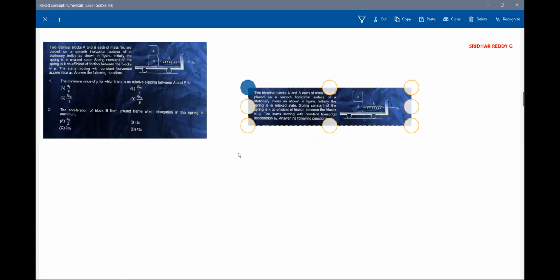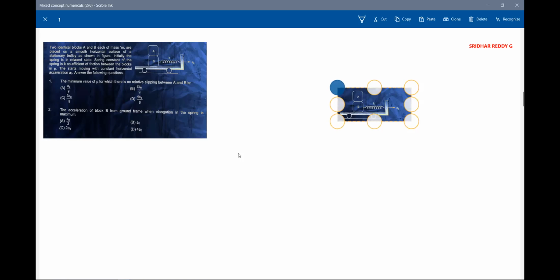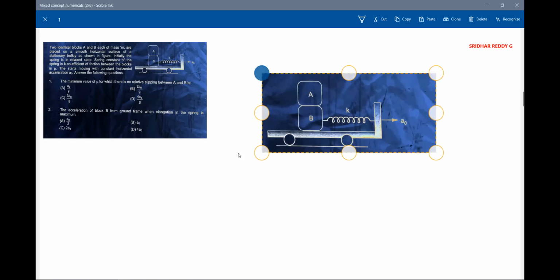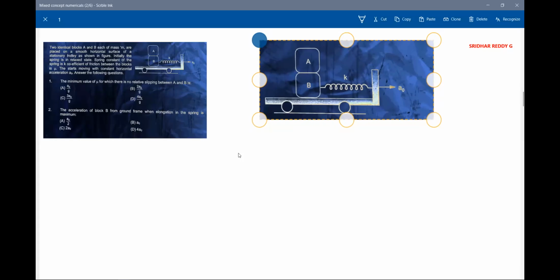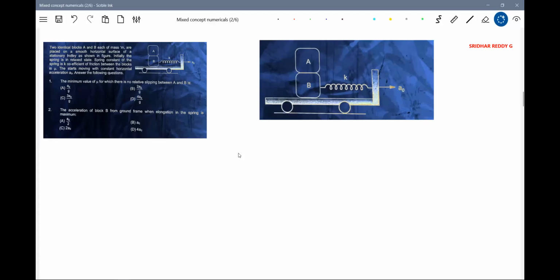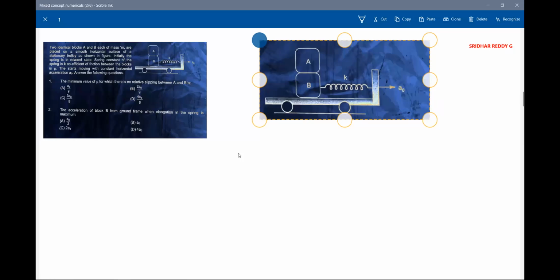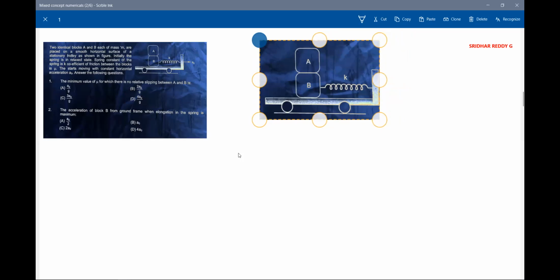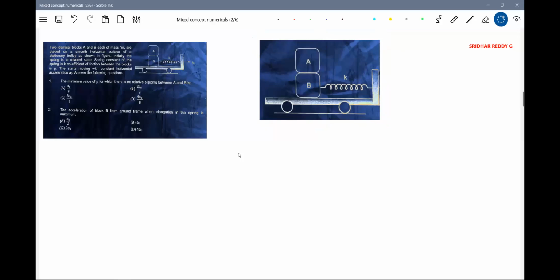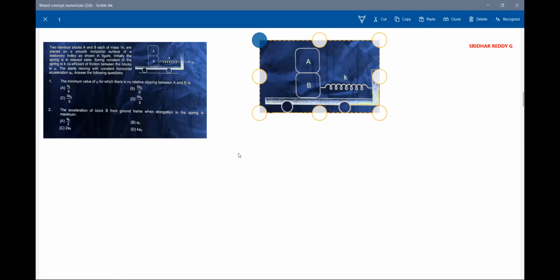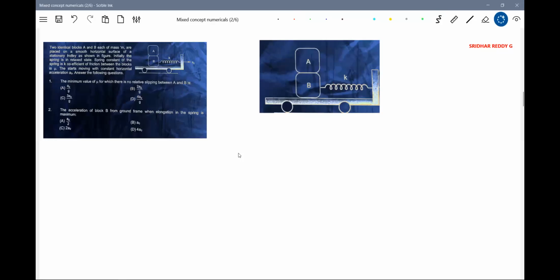Let me take the same diagram. Now you can see things clearly. This will have acceleration a naught.